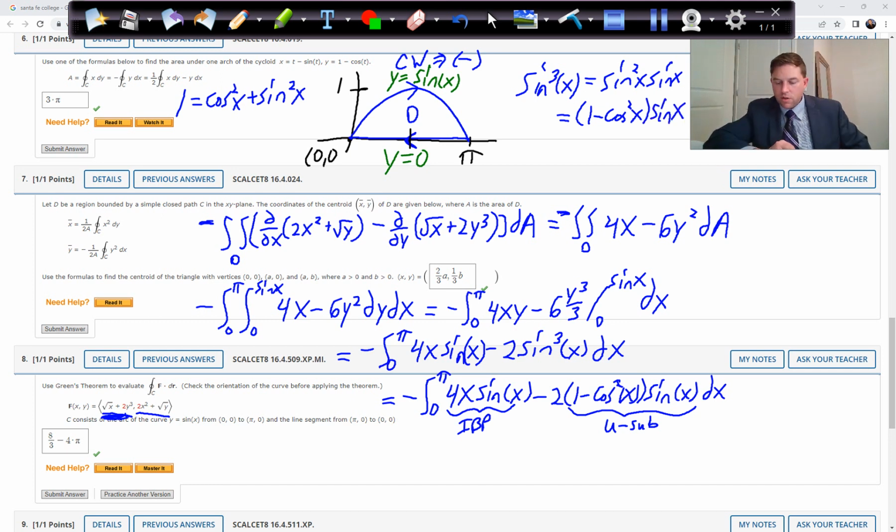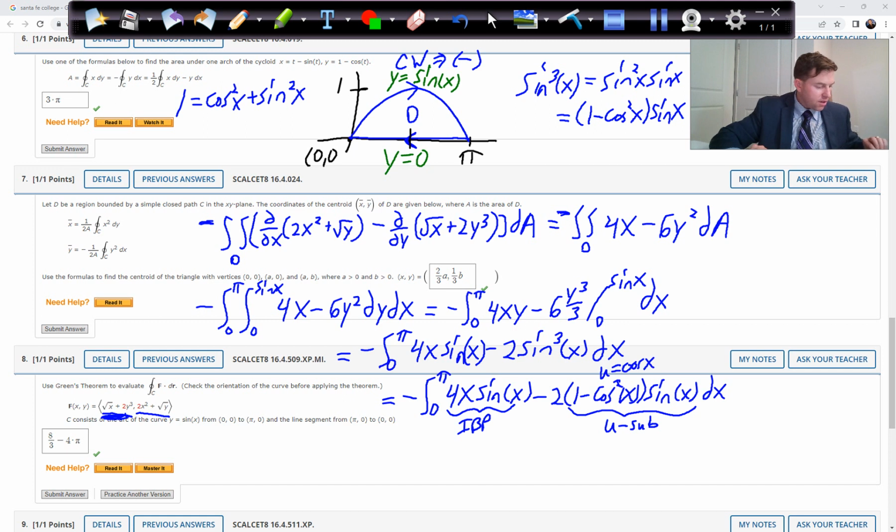And the reason you want to do that is you can let u equal cosine. So if u equals cosine, then that's u squared, and then this would be du. So you can do that one with u sub, and this one you would have to do with integration by parts. So not the easiest thing in the world, but we can do it.